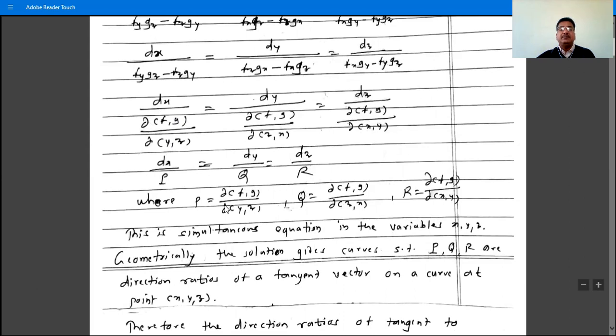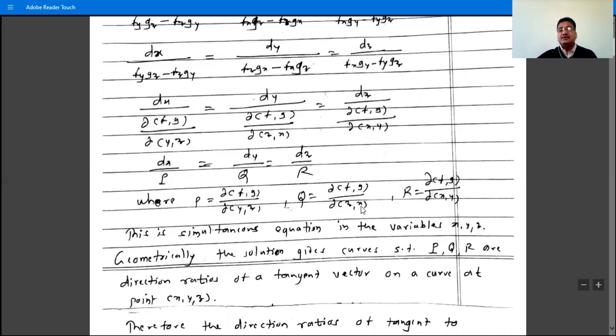P is the Jacobian ∂(f,g)/∂(y,z). Q is ∂(f,g)/∂(z,x), and R is ∂(f,g)/∂(x,y). This follows a cycle: x, y, z, then y, z, and then z, x again.